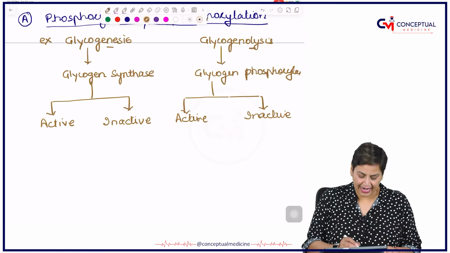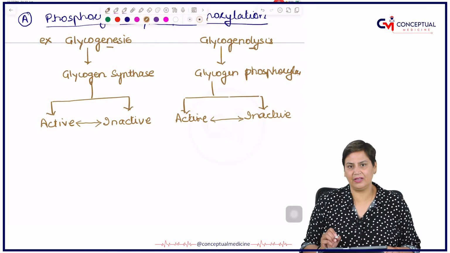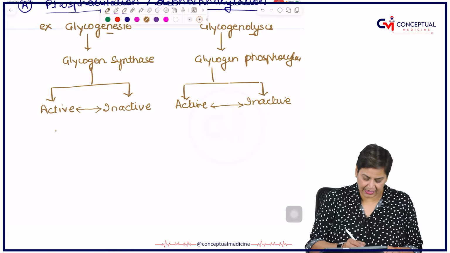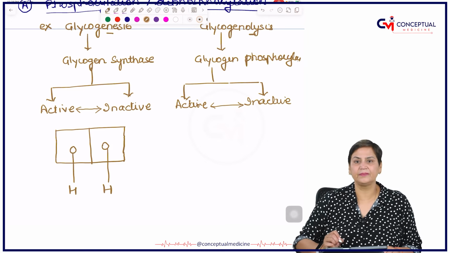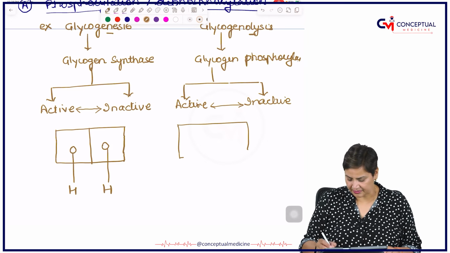So I can say active can be converted into inactive or vice versa. Similarly, active can be converted into inactive and vice versa. So what kind of enzyme is this glycogen synthase? It is having this type of structure where serine is present at the active site. So I can say same is the structure here.